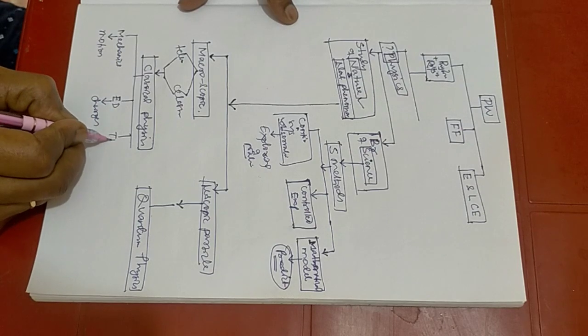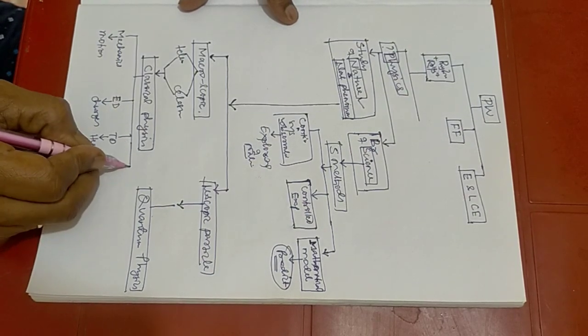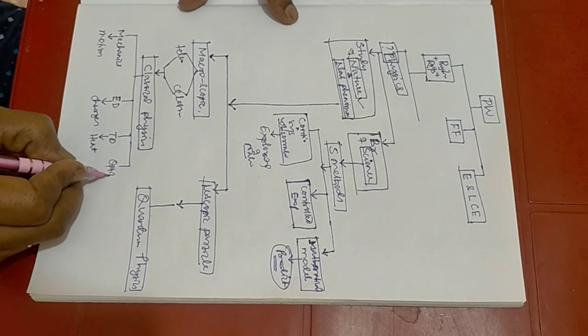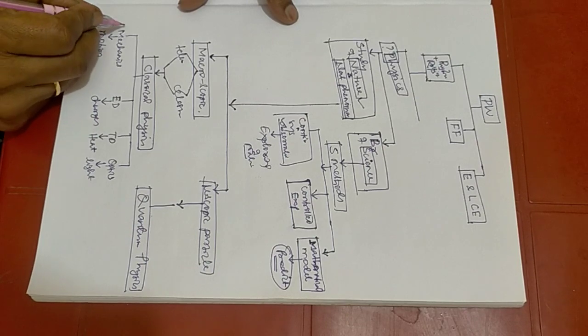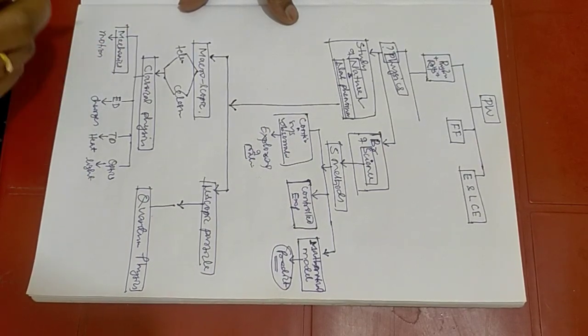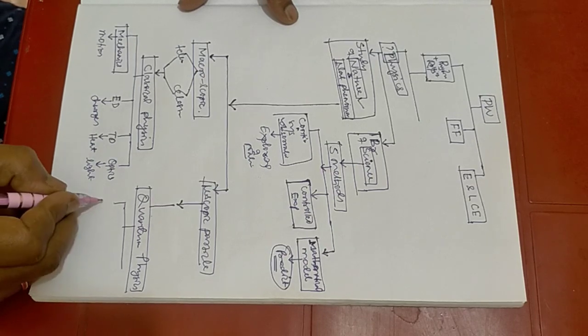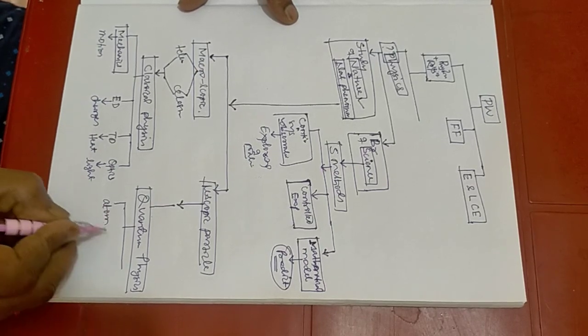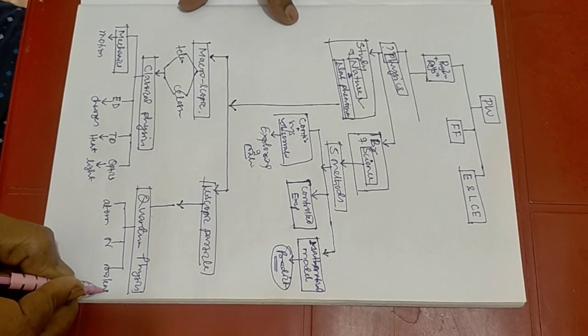Third one is thermodynamics, that will deal with heat flow. And the fourth one is optics, that will deal with light. And quantum physics will deal with the study of atoms, nuclei and molecules.